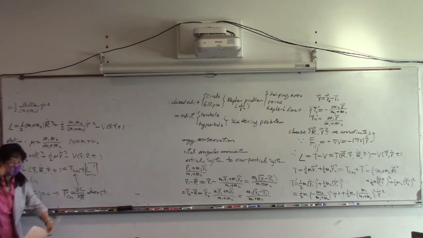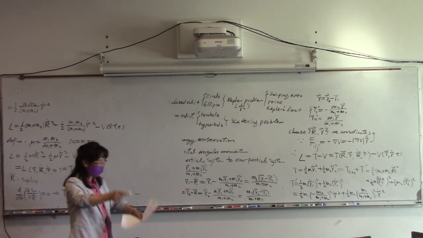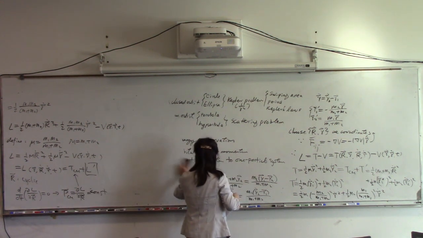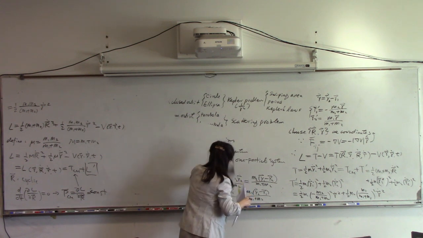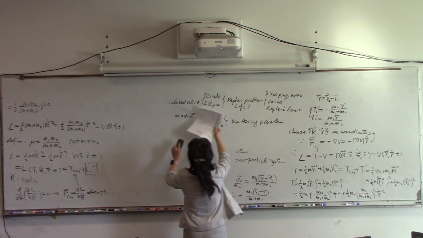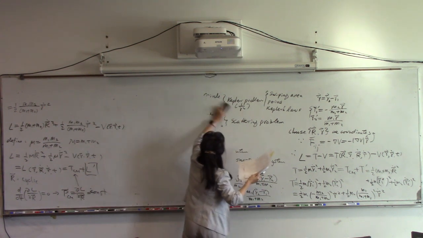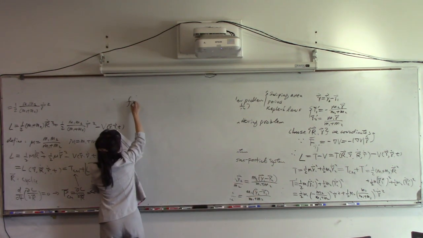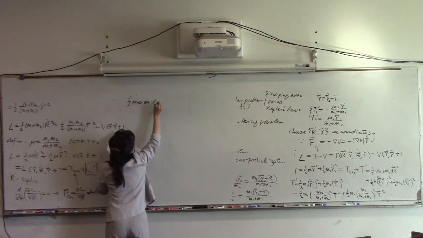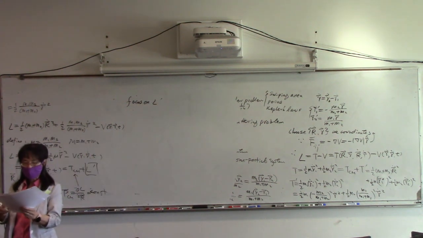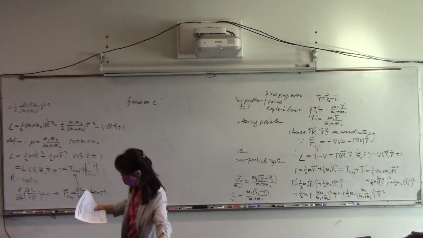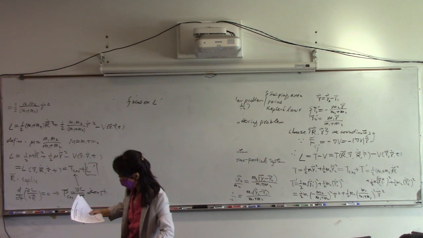That means this two-particle relative motion is a system under the central force. This is the key to characterize the motion, so we are looking for the relative motion. So now we are going to focus only on L prime, because only L prime can give us in detail what we are interested in, right?